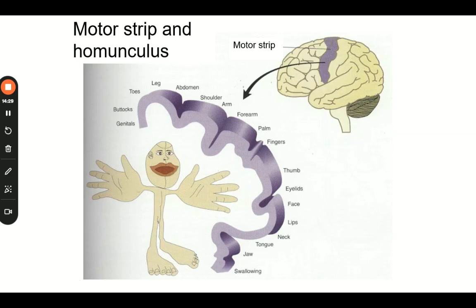But your motor cortex and your sensory cortex dedicate more space to certain parts of your body. Hands, yes. Feet, yes. Mouth and lips in your face, yes. Genitals, no. Knees, no. Okay?